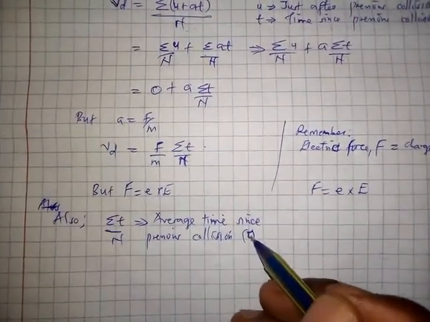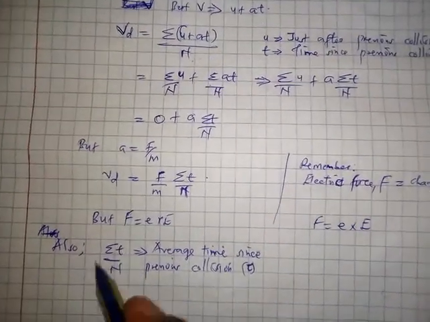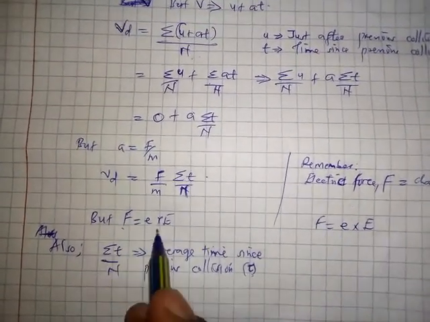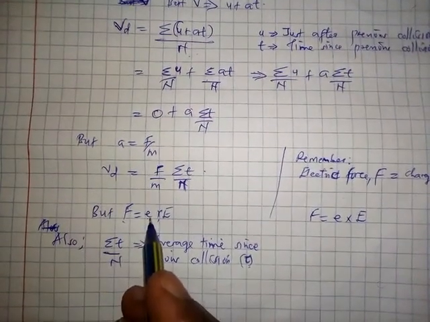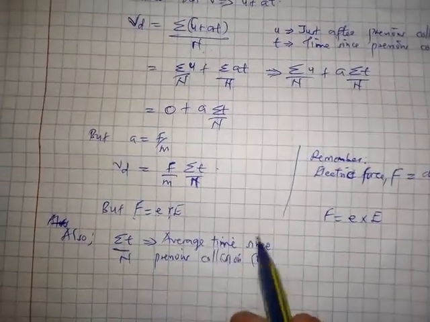It is expressed as tau. So the whole of this is tau, and F is equals to eE. This is the charge of an electron times the electric field.